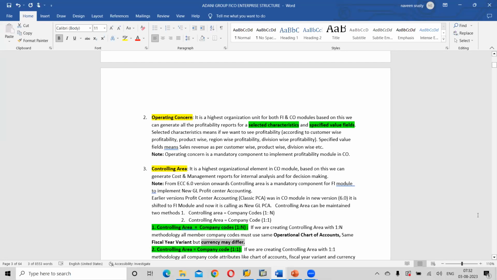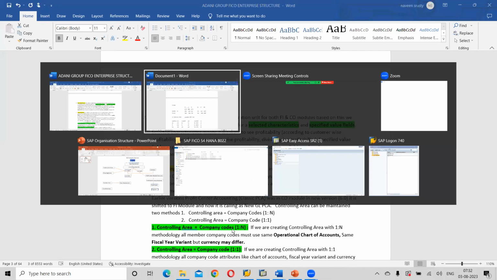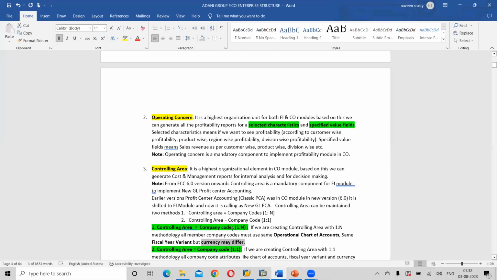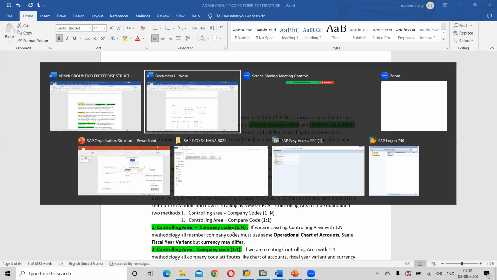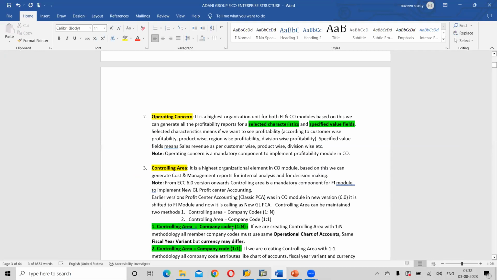So what does it mean, controlling area equals company codes 1:n methodology? For example, yesterday we saw this.